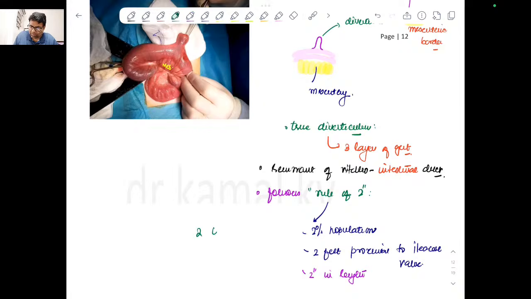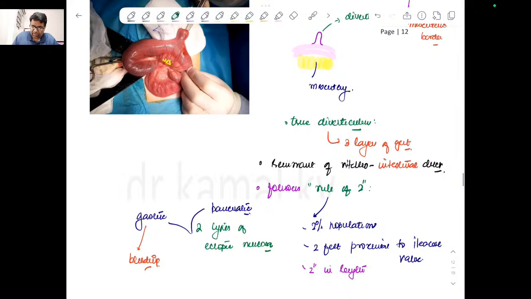Sometimes 2 types of ectopic mucosa. It can be, say, gastric, or sometimes it can be pancreatic. And since it is having gastric, so it can lead to bleeding sometimes. And this also helps us in identifying this by radionuclide studies.